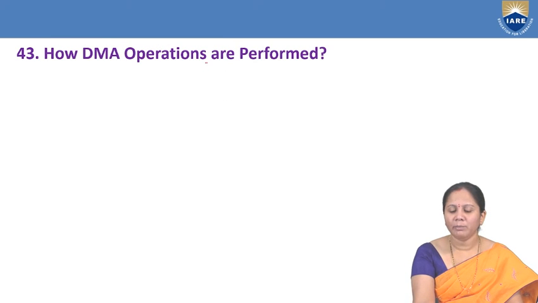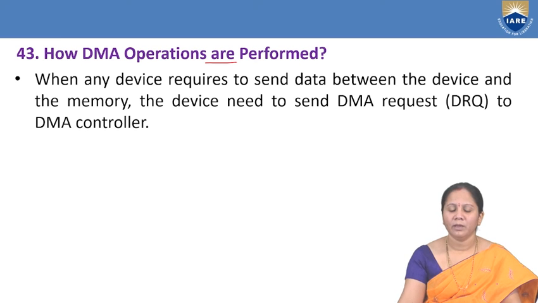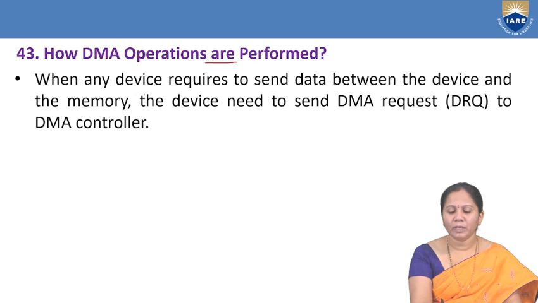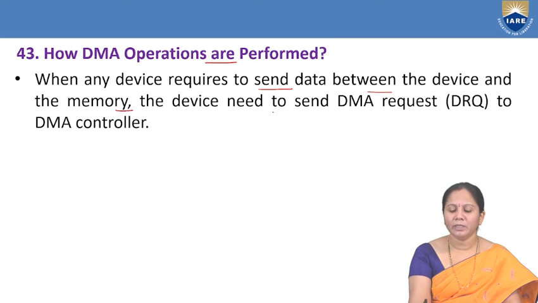Next, how are DMA operations performed? DMA operation is performed with the help of 2 handshaking signals. When any device requests to send data between the device and the memory, the device needs to send a DMA request to the DMA controller.